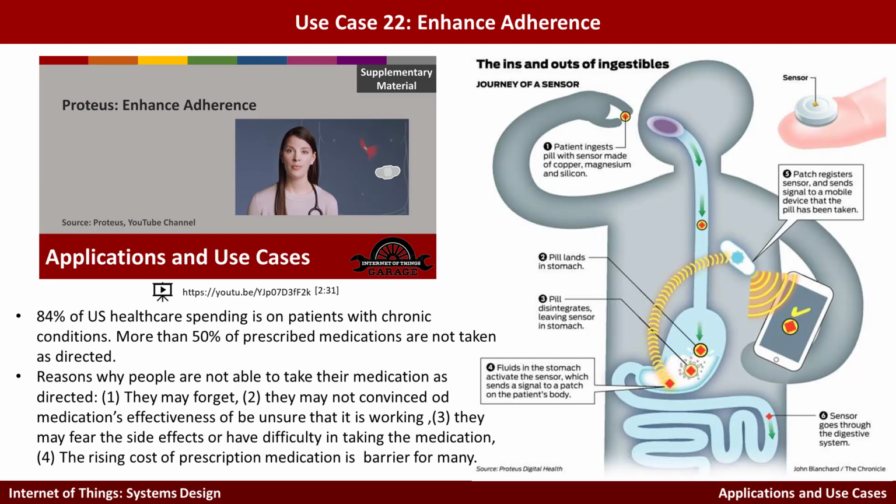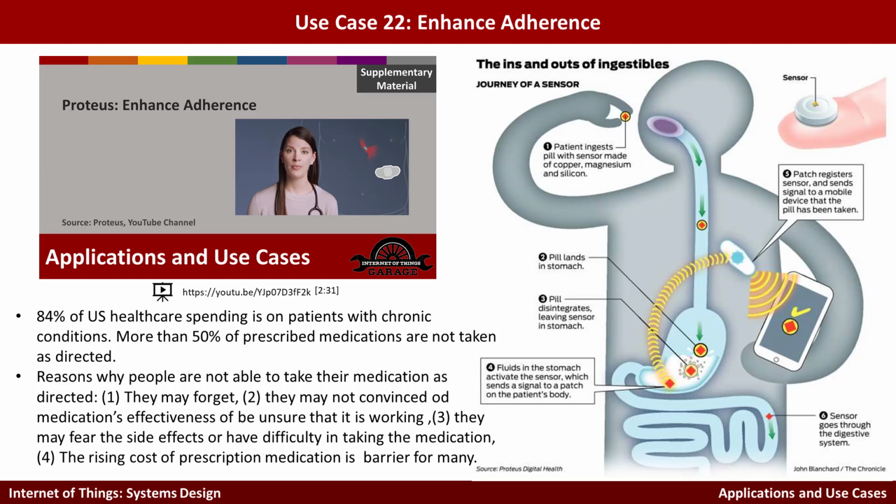This use case focuses on enhanced adherence. 84% of US healthcare spending is on patients with chronic conditions, but more than 50% of the prescribed medication is not taken correctly. One of the key issues is that people forget to take their medication.